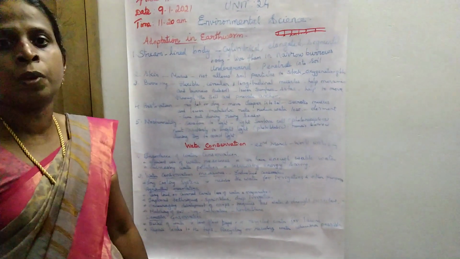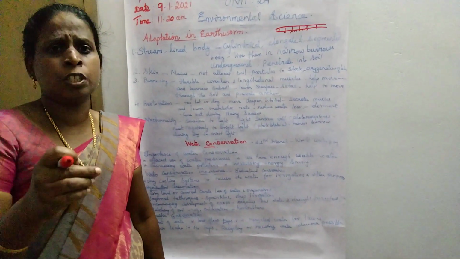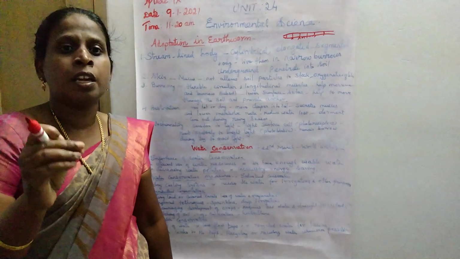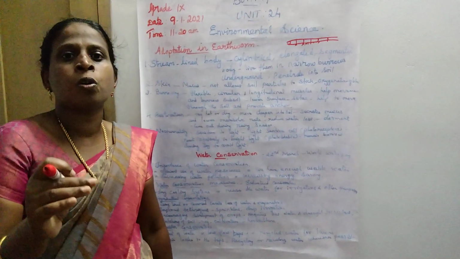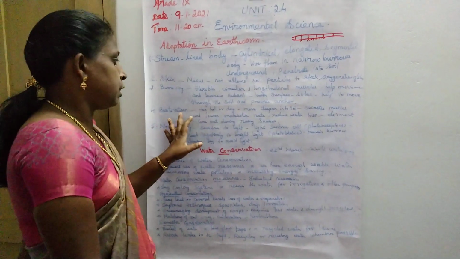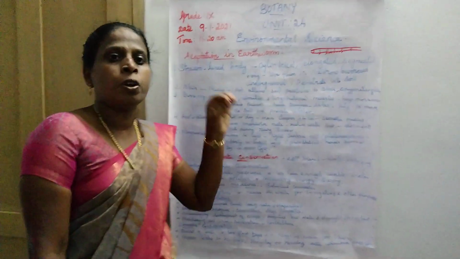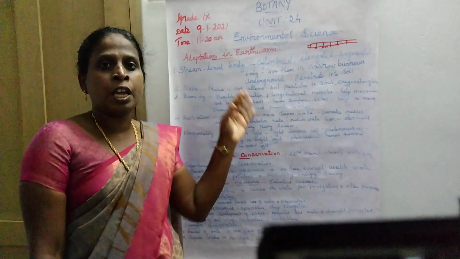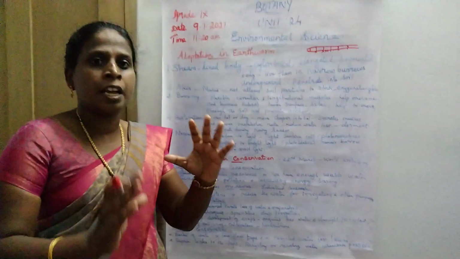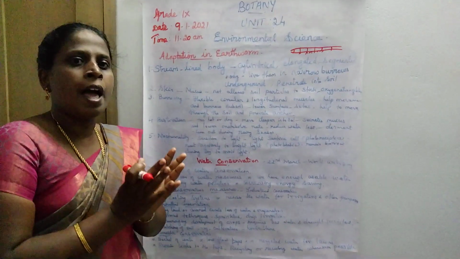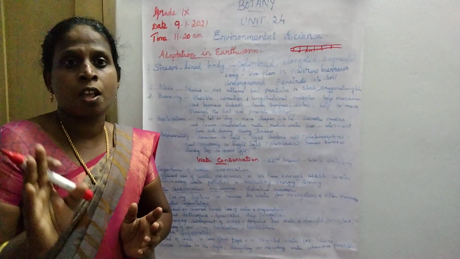Next one, estivation. What does estivation mean? When the temperature is too hot, or the soil is very dry, the earthworm undergoes a process called estivation. During that condition, the earthworm moves deeper into the soil, secretes mucus around itself, and reduces the metabolic rate to reduce loss of water.